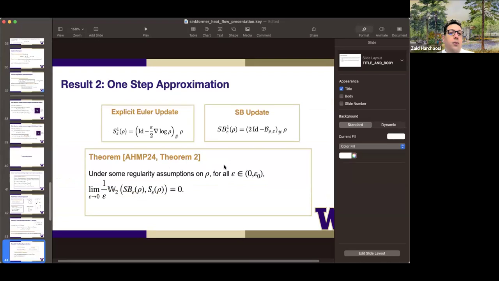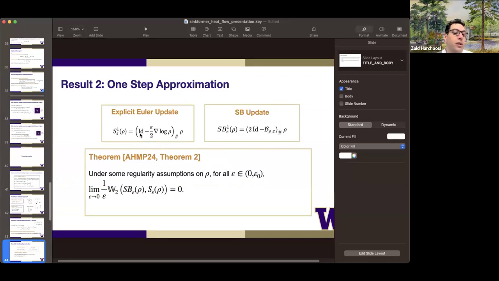And then thanks to that, we can take the process that we build piecewise using the Schrödinger bridge and show that in W2, those two processes are close. So this is the process using the Schrödinger bridge, and this is the process if we were to use a classical discretization, such as the Euler discretization.